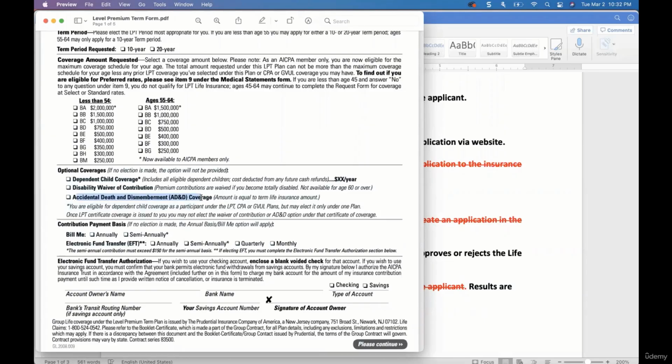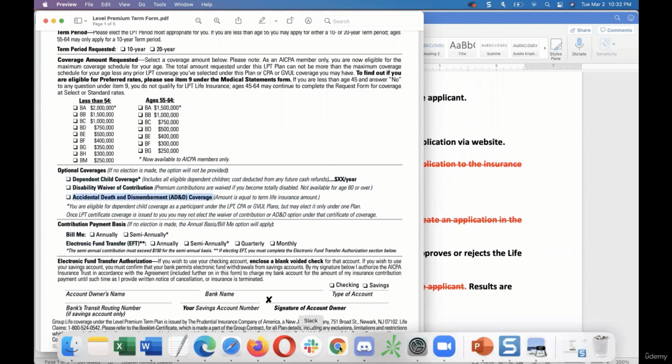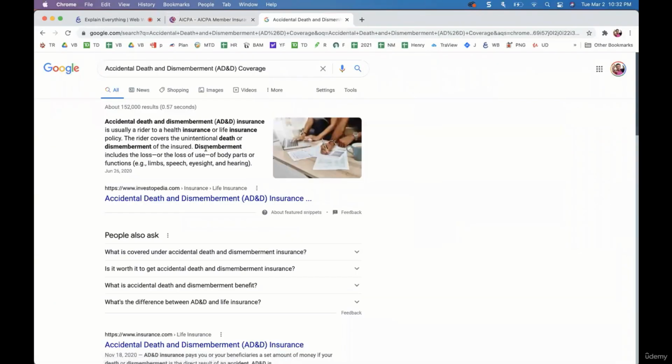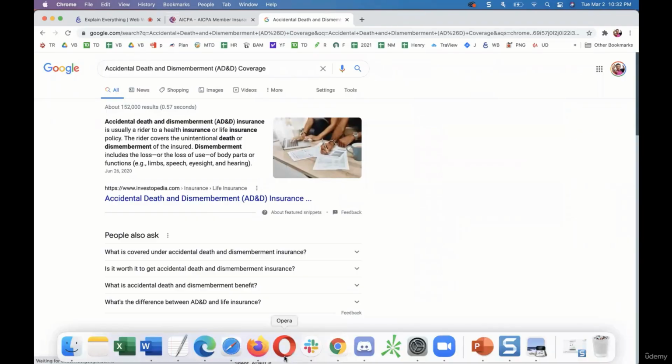These are some terms which are specific to insurance. If you don't understand these terms, you copy them, go to Google, paste, and it tells you what those terms mean. That way you can get up to speed.